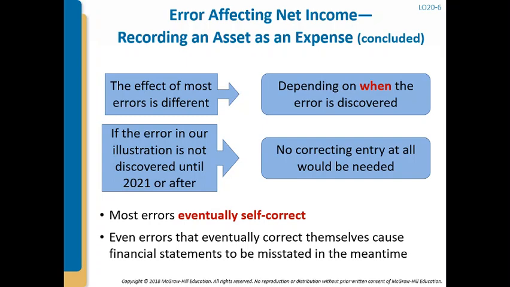Therefore, the full effects of the error have been corrected. And so most errors eventually self-correct. But having said that, even though the errors eventually correct themselves, they cause the financial statements to be misstated in the meantime.